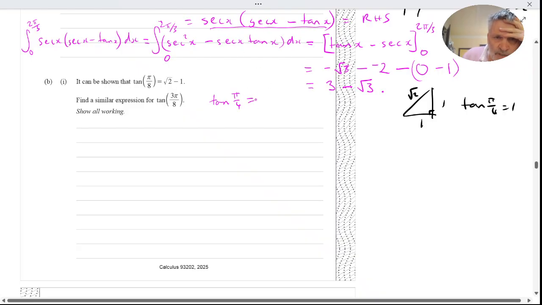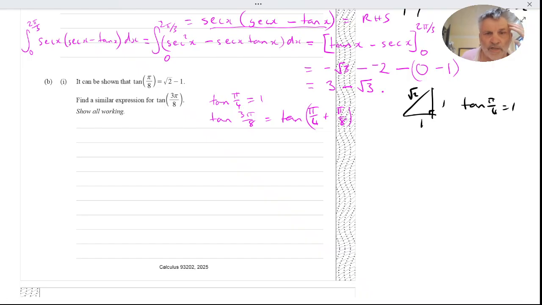And then by knowing that this is equal to 1, we can go tan 3 pi over 8 is equal to tan pi over 4 plus pi over 8. This is 2 pi over 4, this is 2 pi over 8, this is 1 pi over 8, so you get tan 3 pi over 8, and then using the tan of a sum formula to get there.